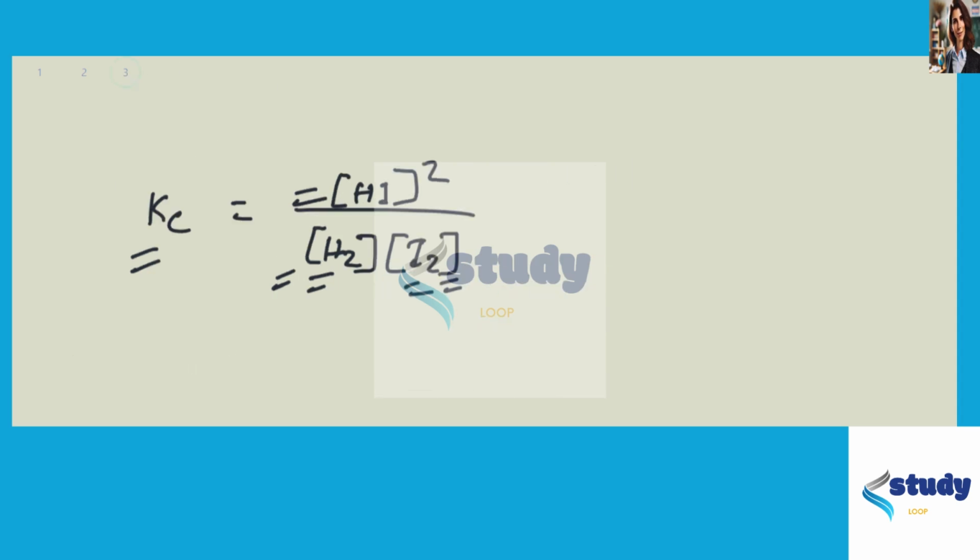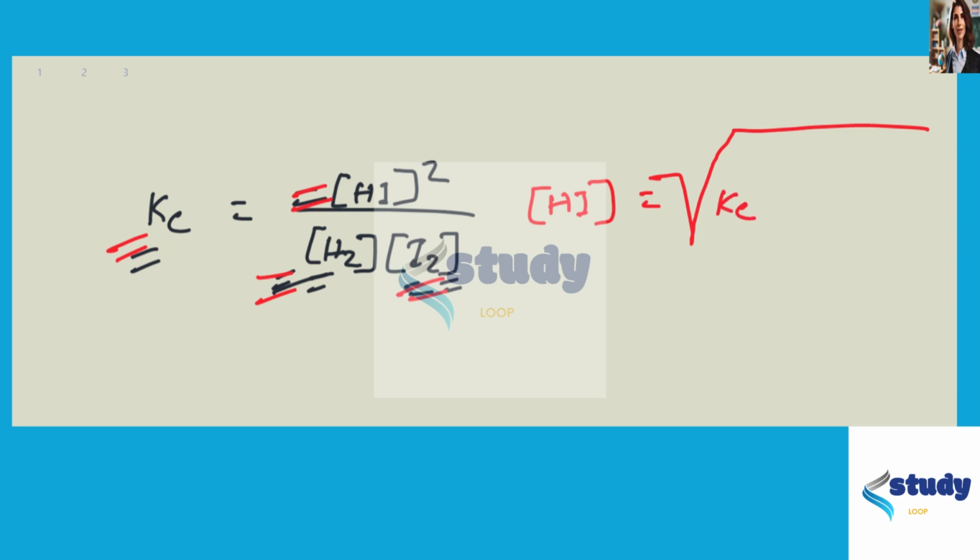So now we have found the equilibrium concentrations of hydrogen and iodine. Now we plug in these two values and also the value of Kc to find the equilibrium concentration of HI. If we rearrange this equation to find the equilibrium concentration of hydrogen iodide, it will be the square root of Kc times the hydrogen gas concentration times the iodine concentration.